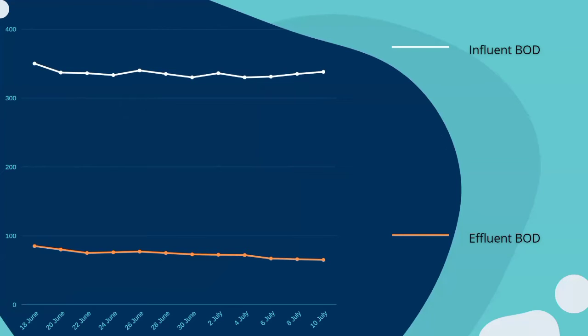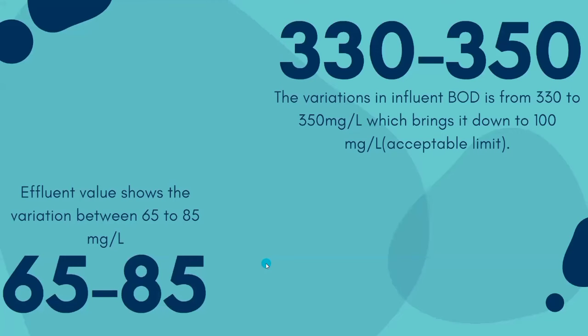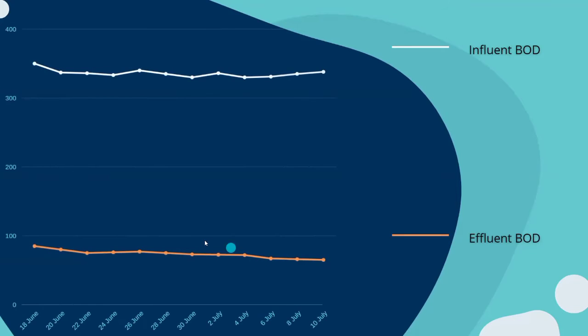The effluent BOD, I'm sorry. The effluent BOD on 18 June was 85, and on 28 June it's 80, then 75, 76, 77, 75, 73, 72.5, 72, 67, 66, and 65 on 10th of July.